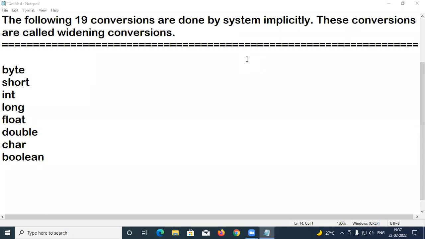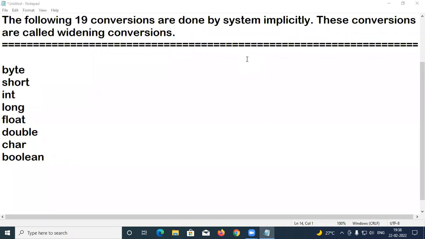Whatever is done by the system, that is called implicit. Whatever is done by you, that is called explicit. Further, in many places we use these words: implicit, explicit. Some are done by the system, not only this one. Whatever is done by the system is called implicit.